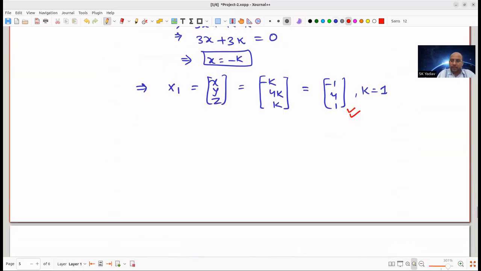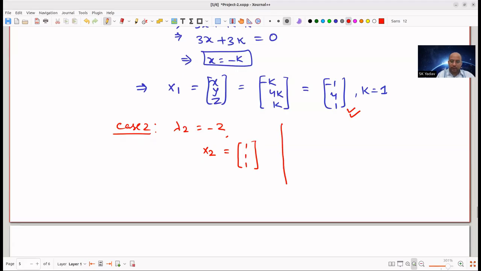And I'm writing the answer for these two. So case 2, for lambda 2 equal to minus 2, what is x2? This is 1, 1, 1, 1.